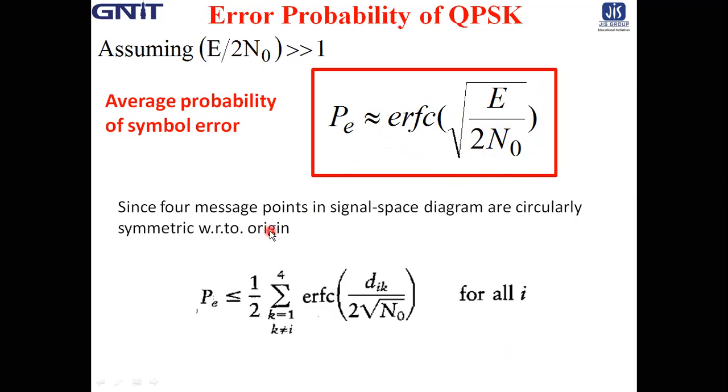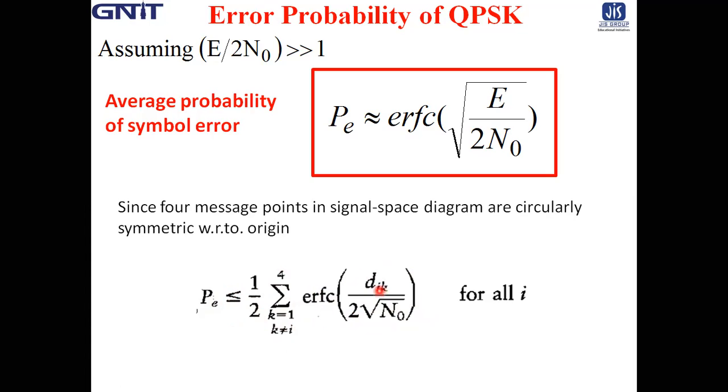Since the four message points of this diagram are circularly symmetric with respect to the origin, we may say PE is less than or equal to half into summation over k equal to 1 to 4, where k not equal to i, of erfc d_ik by 2 square root of N0.